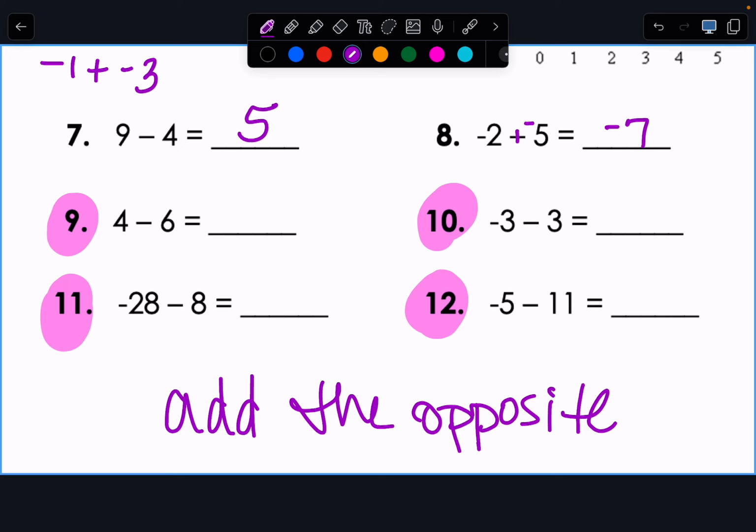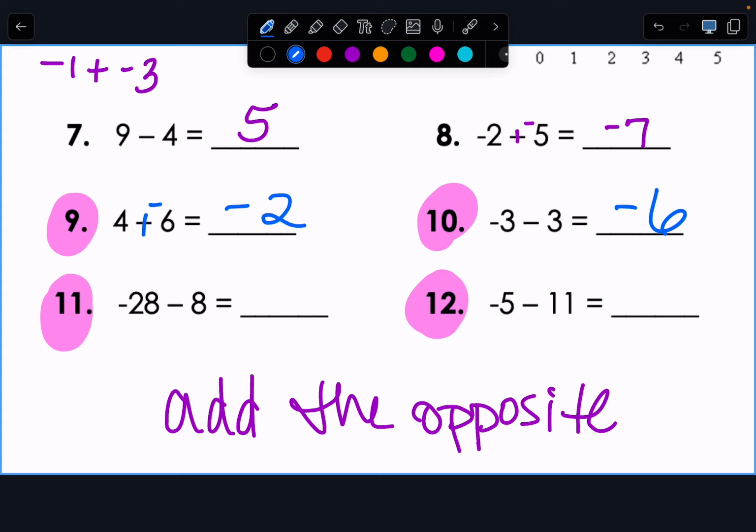All right, Temperance, what do you have for number 9? -2. If we add the opposite, it's like taking 4 plus -6 to get -2. Okay. Stephen, what about number 10? -3 minus 3. All right. It is very tempting to want to put 0.